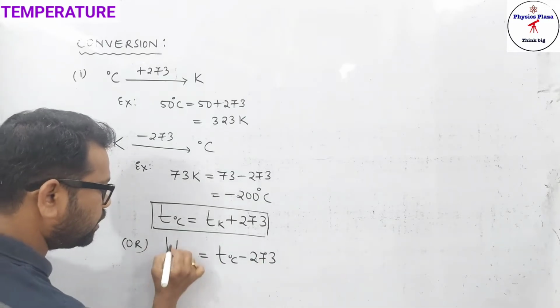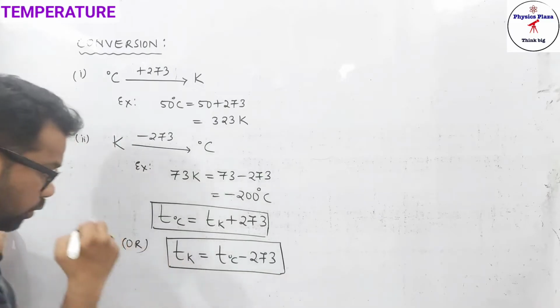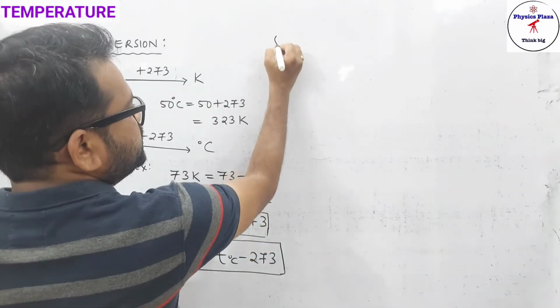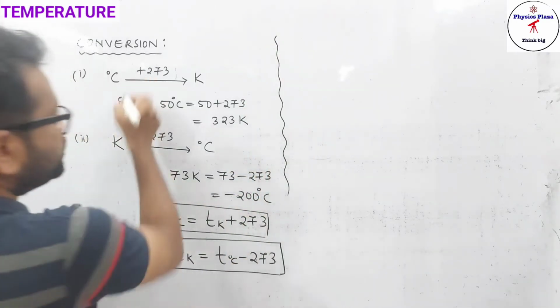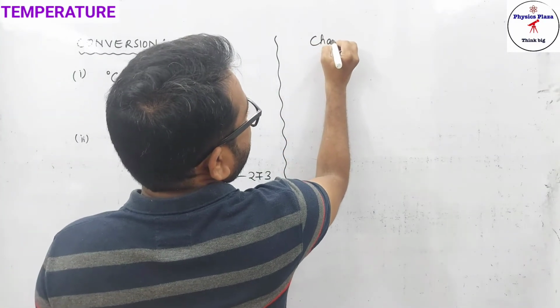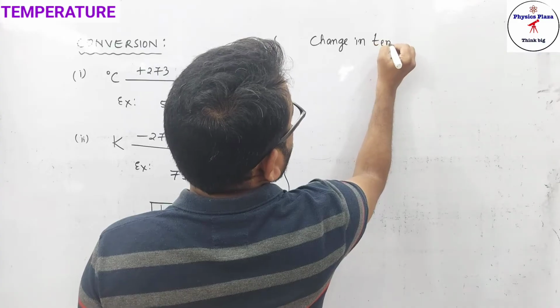Either one you can use, depending on whether you are converting Celsius to Kelvin or Kelvin to Celsius. Okay. This is about the temperature. Now, how about change in temperature?